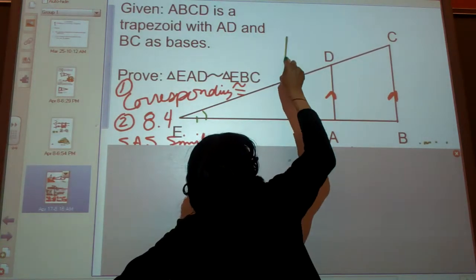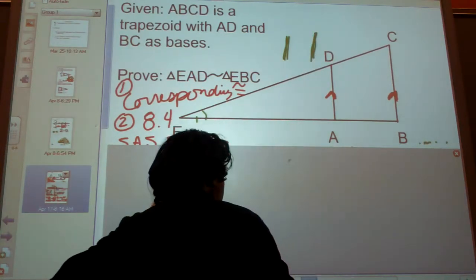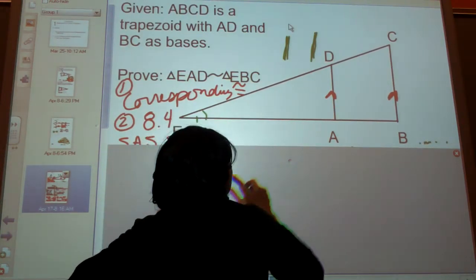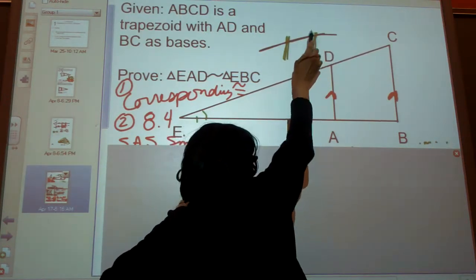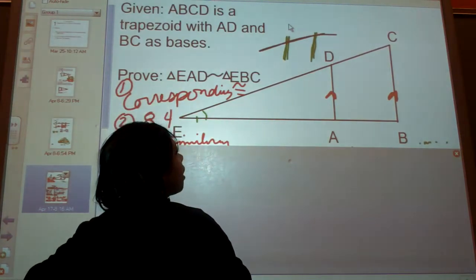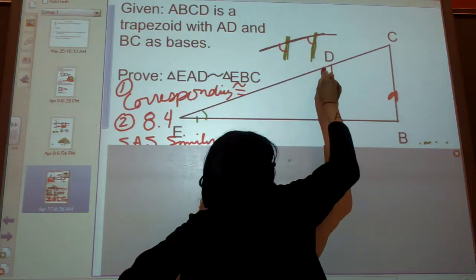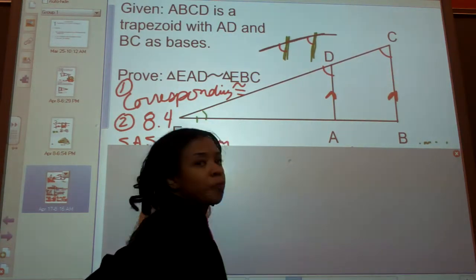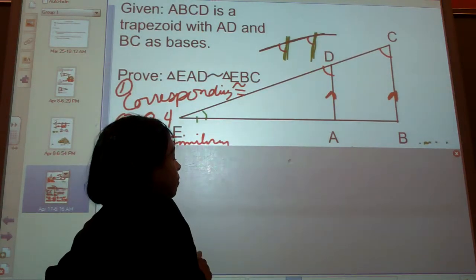If I see this is DA or AD, and this is the CB, I see some transversal lines. That means that this will be the CD. Okay? And what do I see? On parallel lines, I know that this angle and that angle, which is here and here, are corresponding. Corresponding angles are what? Congruent.